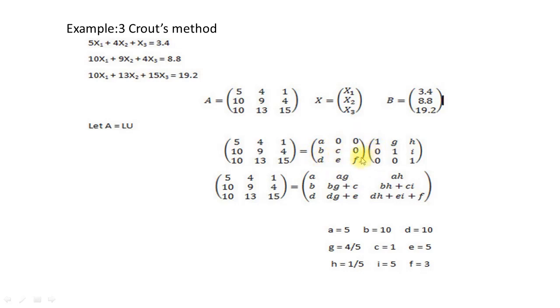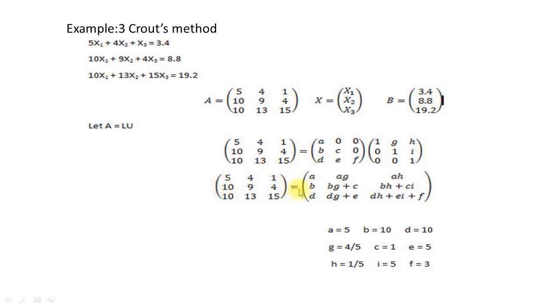Multiplying these two matrices, we obtain a single matrix, and then by comparing the corresponding elements with the right hand side, A is equal to 5, AG is equal to 4, and putting the value of A, we obtain G is equal to 4 by 5. Similarly, for the other comparisons, we obtain B is equal to 10, and in the first column, D is equal to 10.